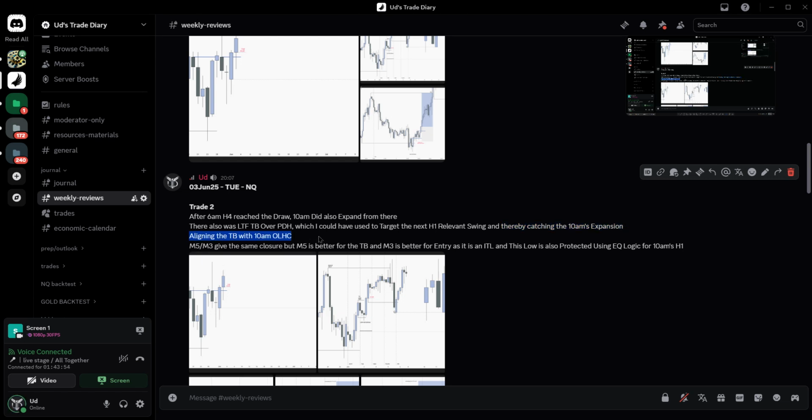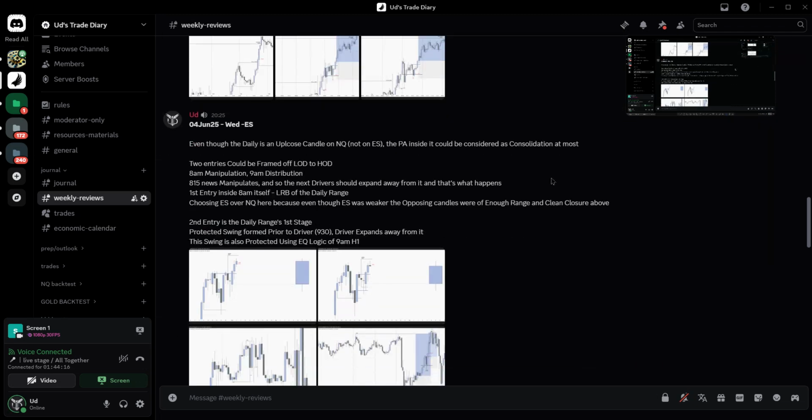So aligning the true breakout with 10 a.m. OLSC. M3 and M5 give the same closure, meaning both of the two time frames give closure at the same time, but M5 is better for true breakout and M3 is better for entry, as M3 is an intermediate term low. And this very swing was protected using EQ logic for 10 a.m. H1. I talked about this.